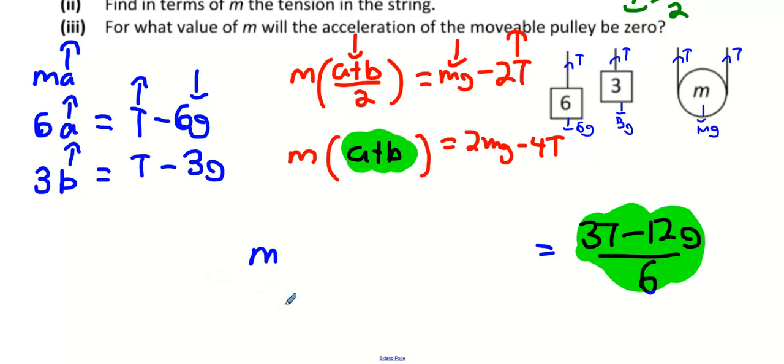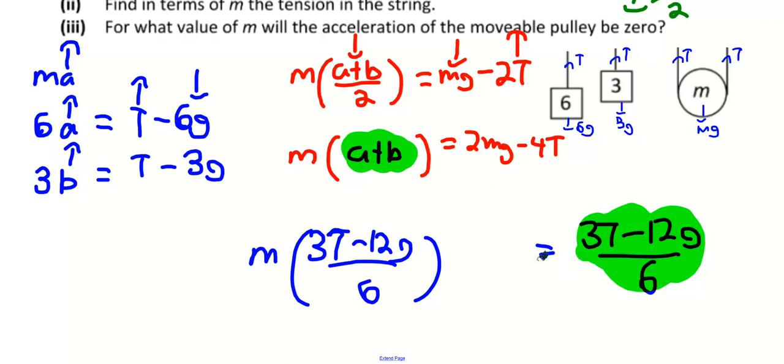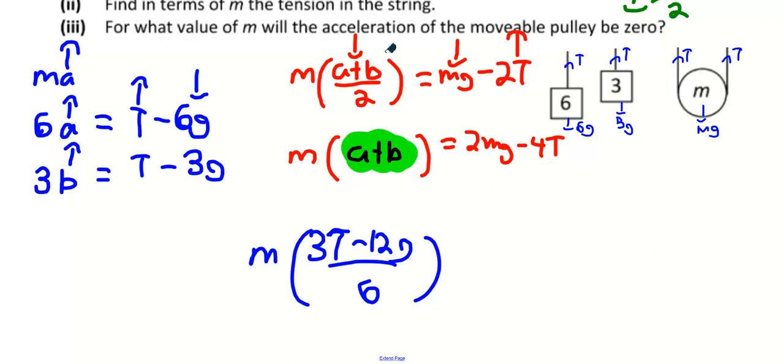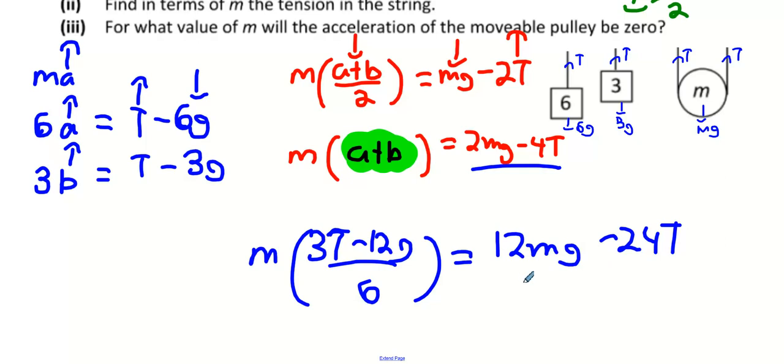Okay, no hassle. So what we're going to say is M times what? 3T minus 12G all over 6 equals 2mg and all that nonsense there. I'm going to multiply the other side by 6 as well, all right? So I'll multiply this side by 6 and get 12mg minus 24T. And that means that the 6's on the bottom are now irrelevant.